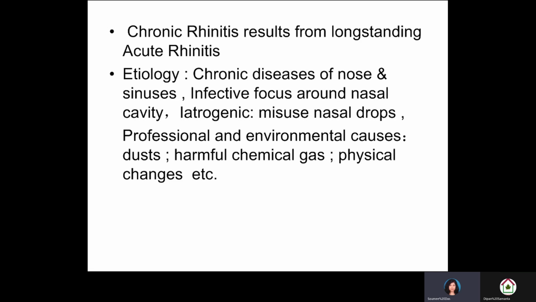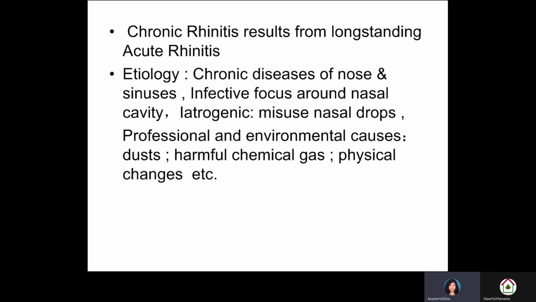chronic rhinitis. Okay, now we will see the etiology or the causative factors. So what are the etiologies? These are chronic diseases of nose and sinuses, infective focus or foci around the nasal cavity, iatrogenic, that means misuse of nasal drops, etc. Professional and environmental causes, dusts, harmful chemical or gas, physical changes, etc. So these include a wide range of components which are ranging from particulate matter to harmful chemical gases.